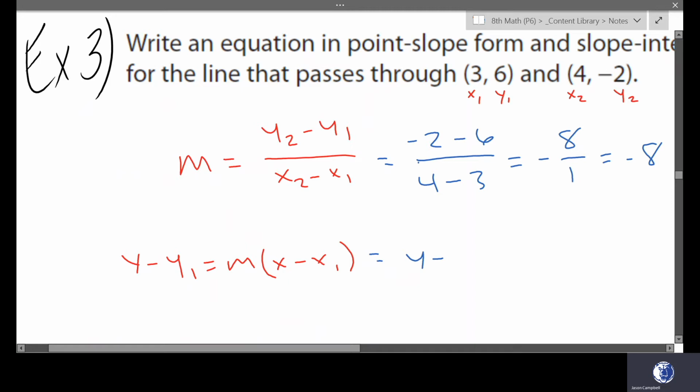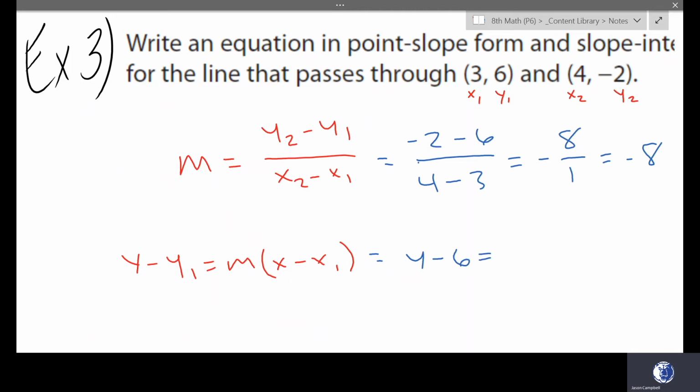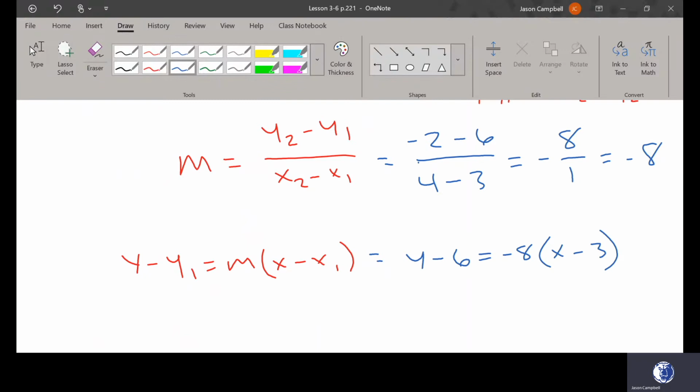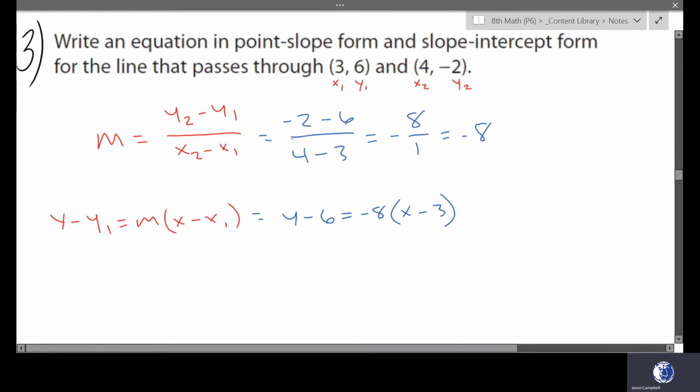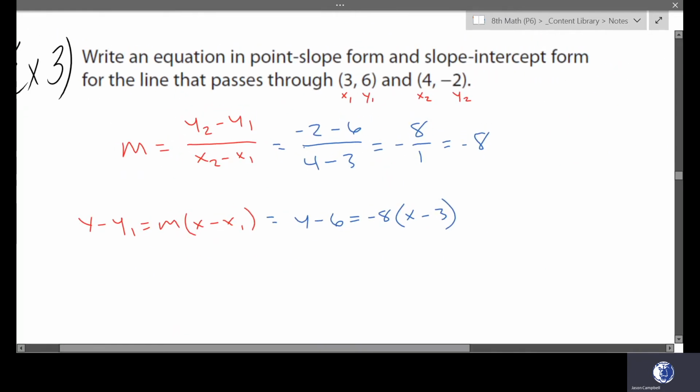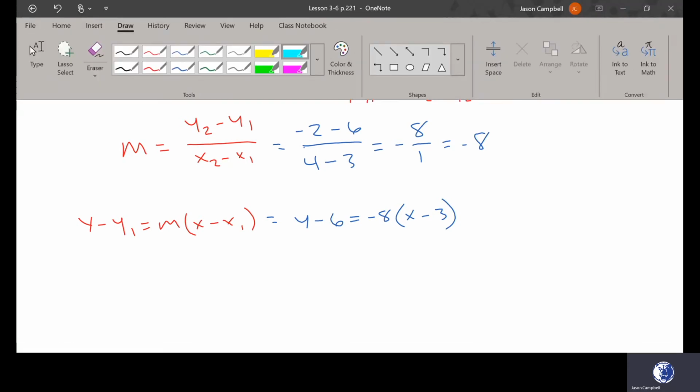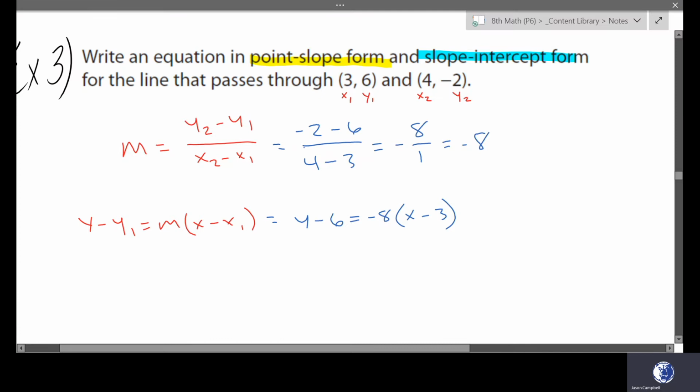So y minus 6 is equal to negative 8 multiplied by x subtract 3. So it says write an equation in point-slope form and slope-intercept form. So here's my point-slope form.